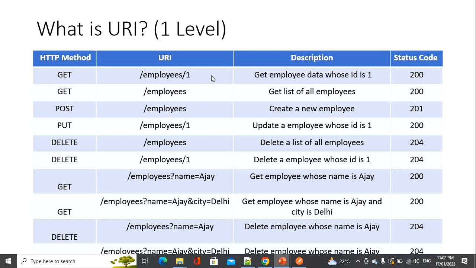That information we pass in the form of the HTTP method. Here I am passing the HTTP method as GET. When we combine the HTTP method with the URI, it gives you the full meaning. By looking at the GET method, I am interested in fetching employee data whose ID is 1.